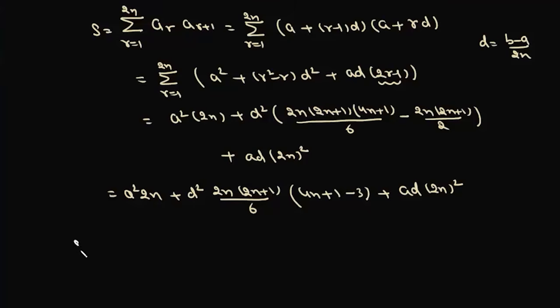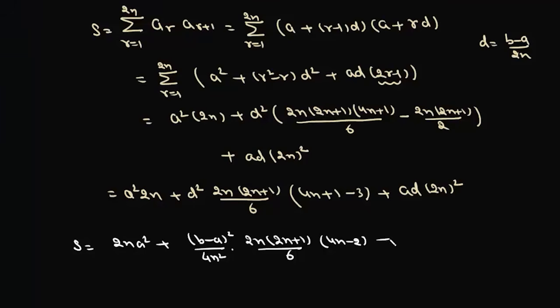So now it will be 2n a square, and this is (b minus a) whole square upon (2n) square, and (2n) square will be 4n square, 2n into (2n plus 1) by 6 into (4n minus 2), and plus a into (b minus a) upon 2n into (2n) square.